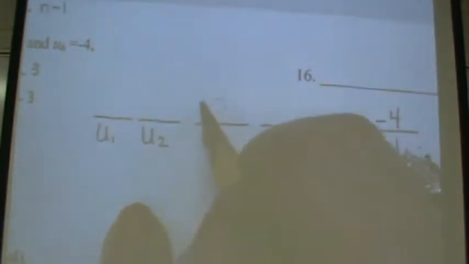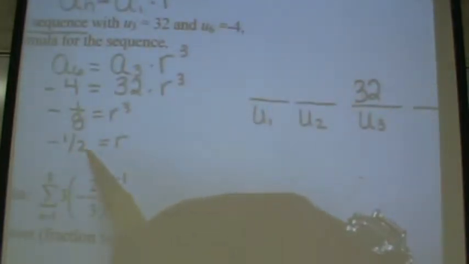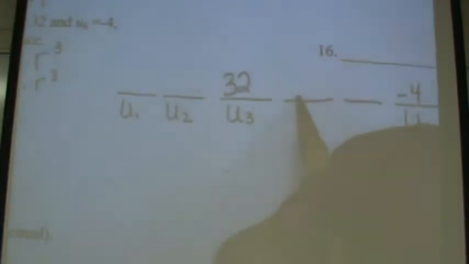So if you're going in this direction, from here to get to this one, we figured out R is negative 1/2. You'd multiply this by negative 1/2. So what's negative 1/2 times 32? Negative 16.